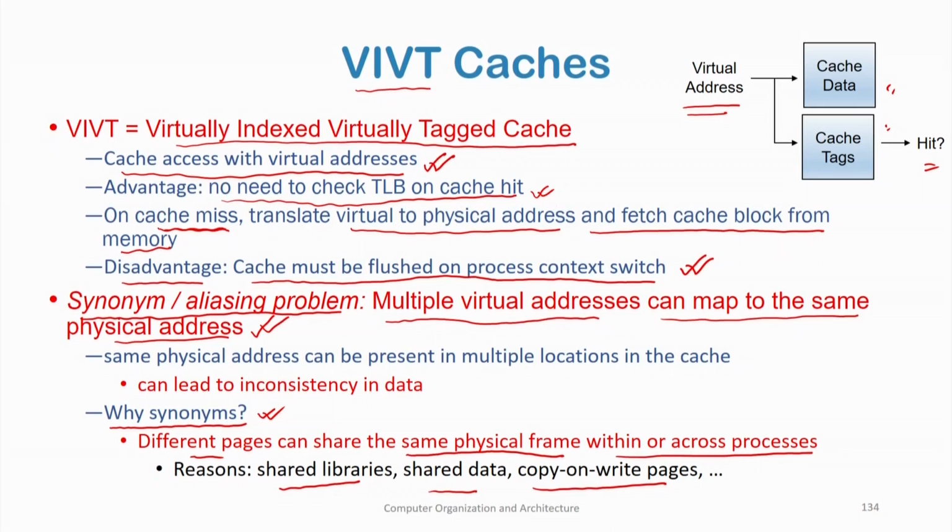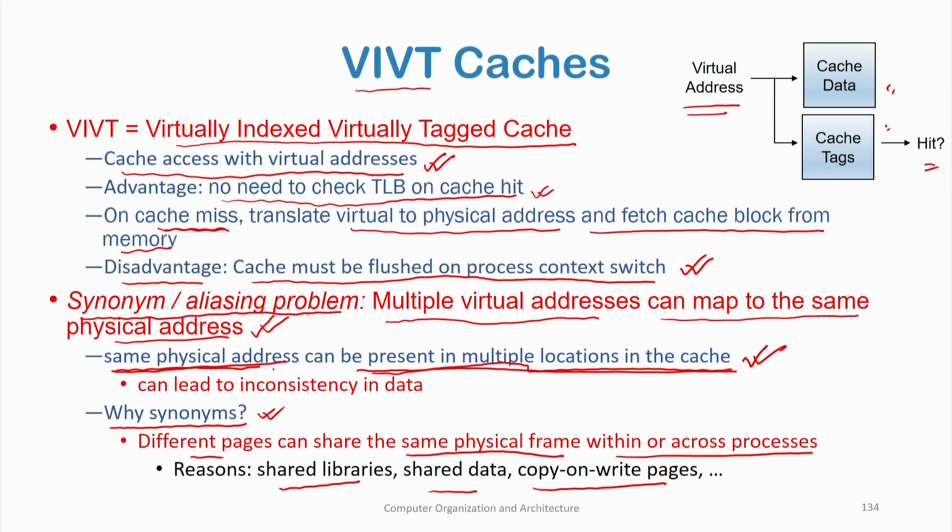So, the same physical address can be present in multiple locations in the cache. More precisely, data corresponding to the same physical address can be present in multiple locations in the cache.